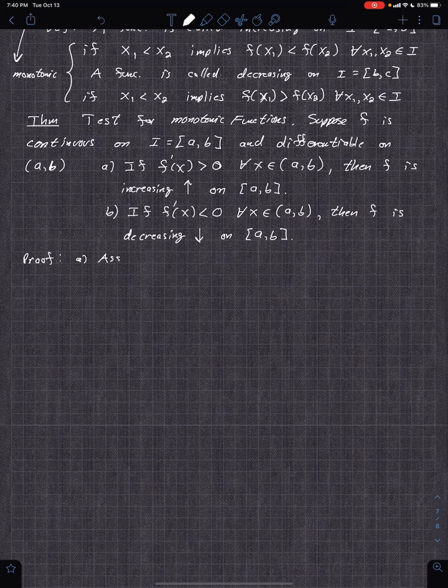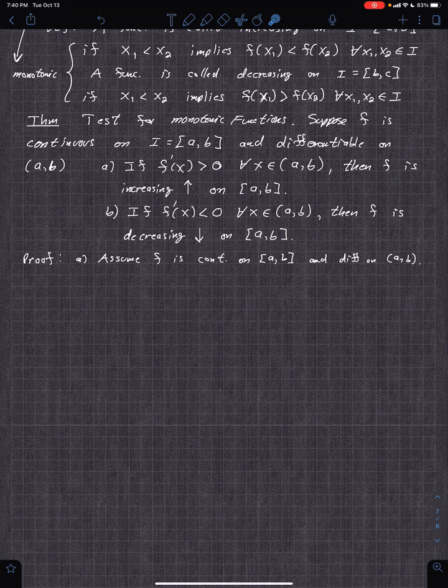So we need f to be continuous. So assume f is continuous on the closed interval from A to B and differentiable on the open interval from A to B. All right, so now we need x1, x2 in the interval.